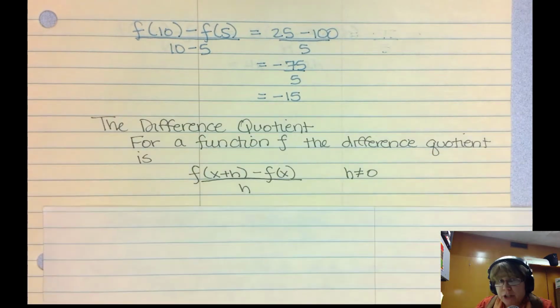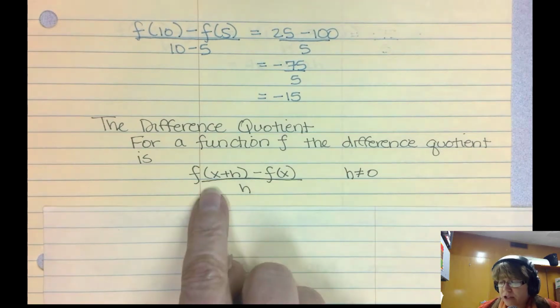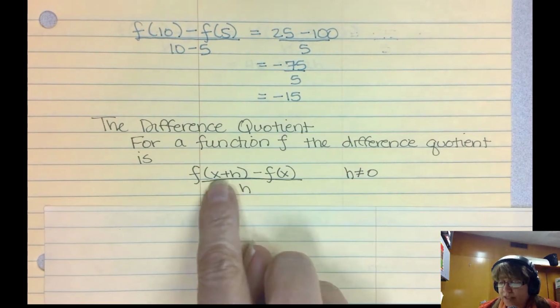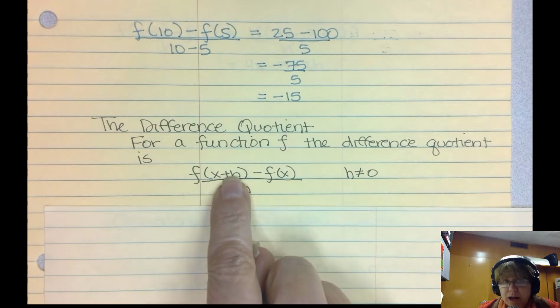Now, very similar to what we just did is the difference quotient. For a function, the difference quotient is this: f of x plus h minus f of x all over h, and h is not 0. H is a little bit of a change from x. So maybe if x is 4, this might be 4 plus 1, and so that's going to be f of 5.